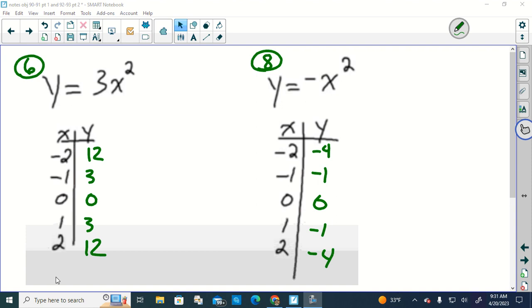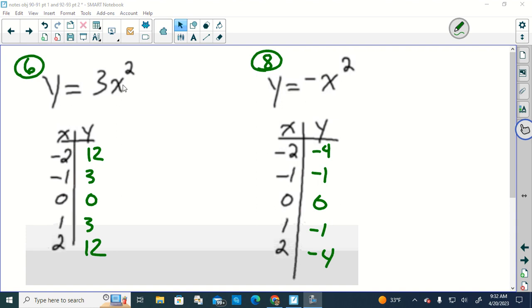Before we go to graph, because it's on a separate page, check to make sure your values are the same as what I got. You should have 12, 3, 0, 3, 12, and then -4, -1, 0, -1, and -4. What we're looking at now, just for this one right here, is that something is happening to our pattern.